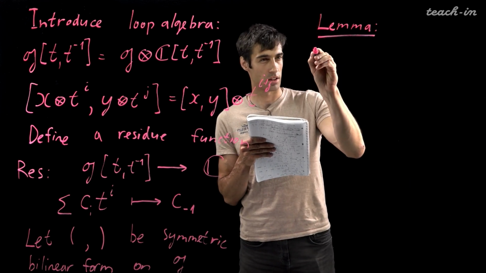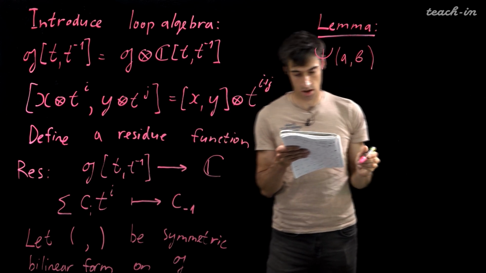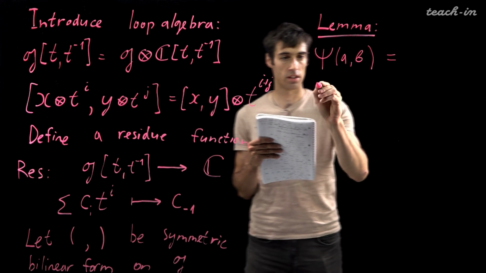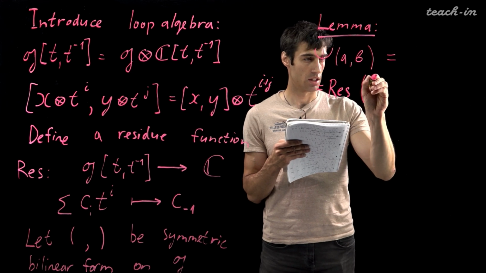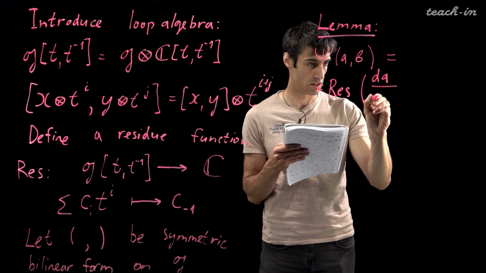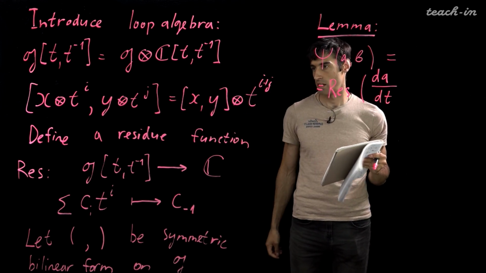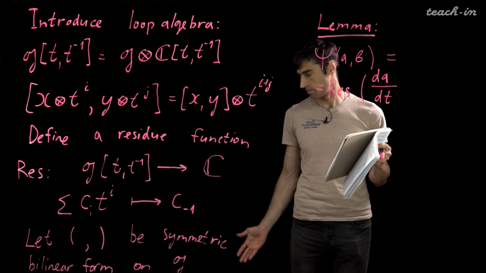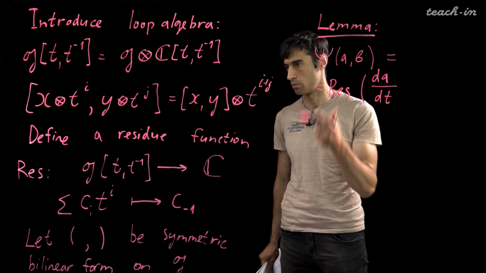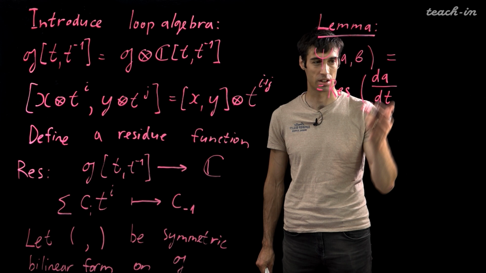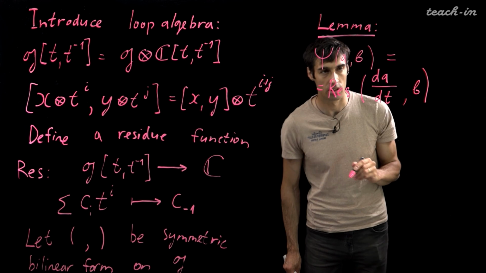I take psi(a, b) to be the following. It is the residue of the following two elements: the derivative of a with respect to t, and b. The derivative here is clear, right? Because you can define the usual derivative of polynomials with respect to t. This is a purely algebraic operation. So that's what I am taking here, paired with b.